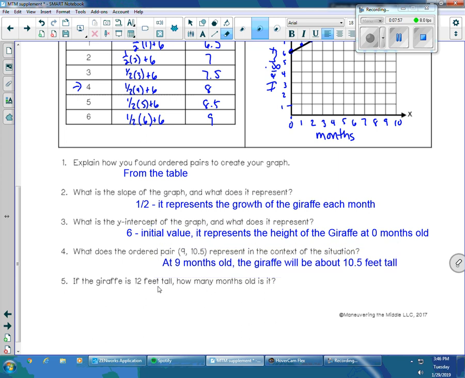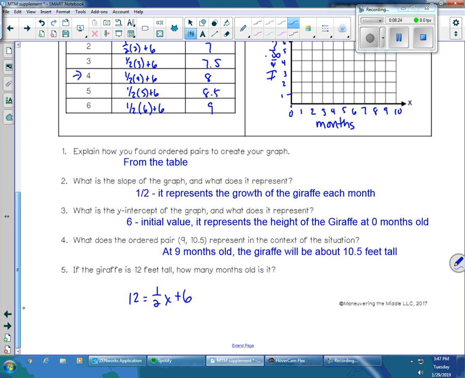If the giraffe is 12 feet tall, how many months old is it? Okay, so we can use the equation, and we can say at 12 months, so when y is 12, what is x?